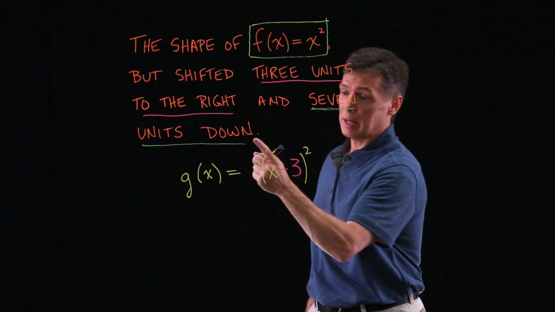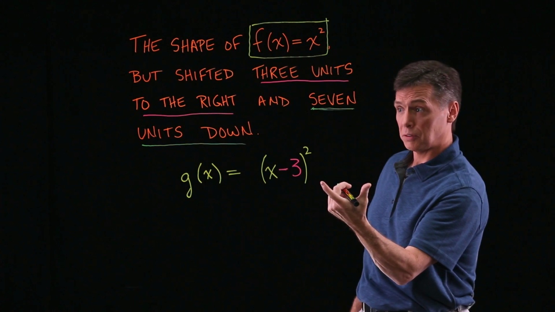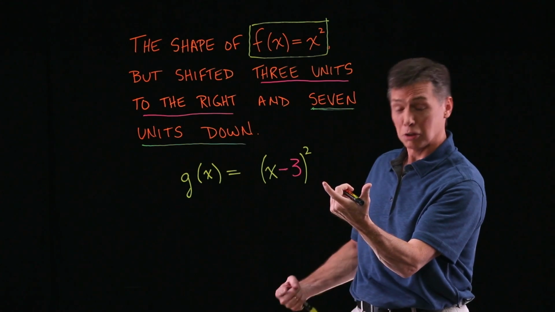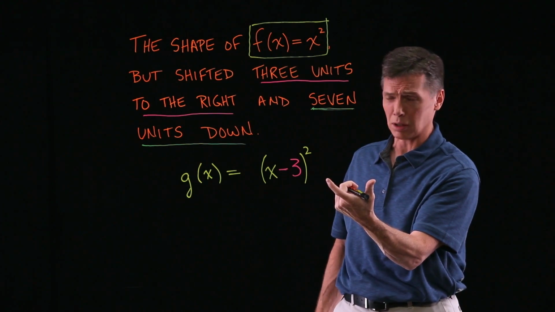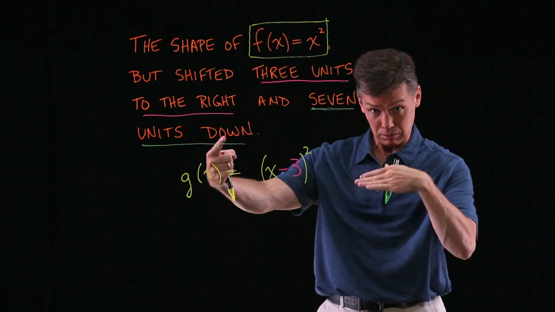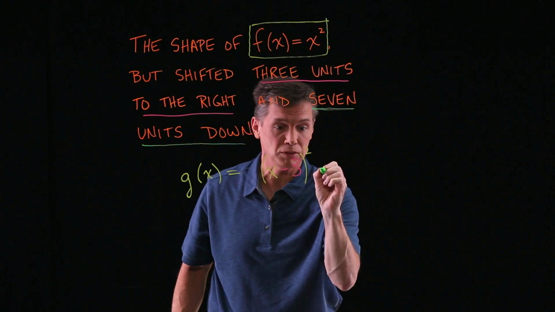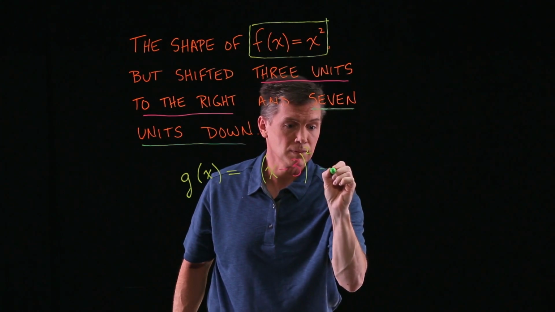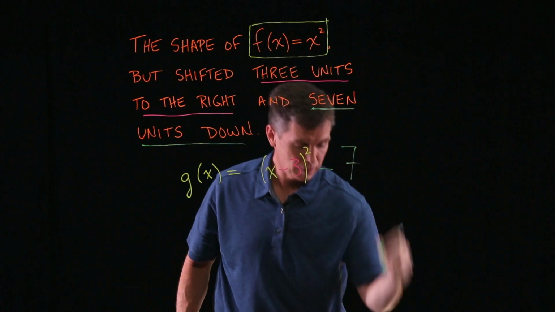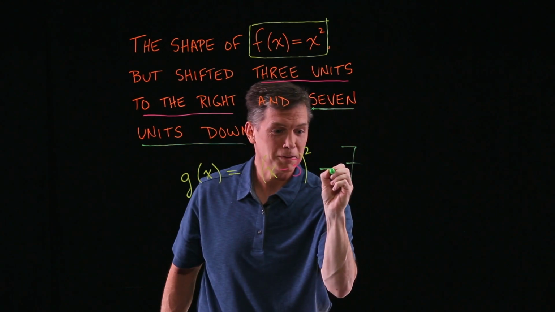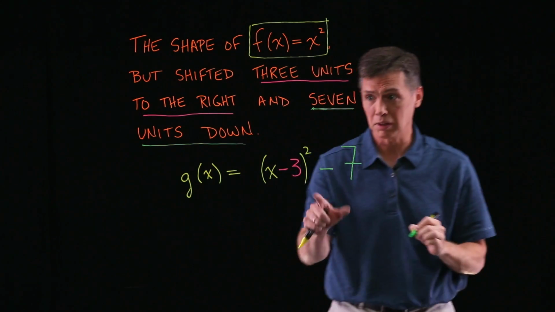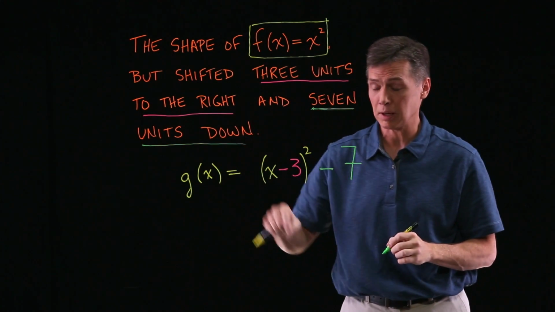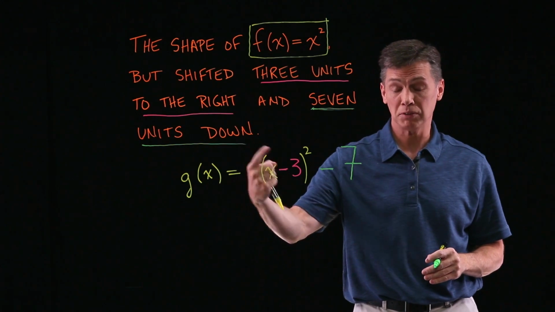And 7 units down, I'm going to put either +7 or -7 here, and the good thing with vertical shifts is it is the operation that you think typically. Down you think negative, so this is subtract 7. Okay, subtract 7 comes from that shift 7 units down. Okay, and I'm at the end of my sentence.